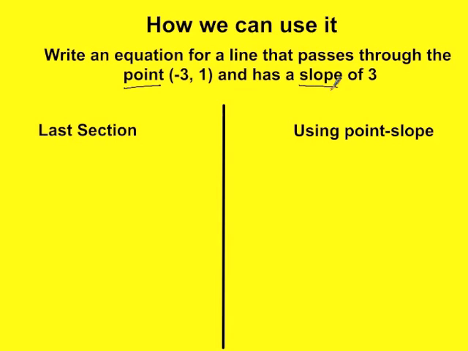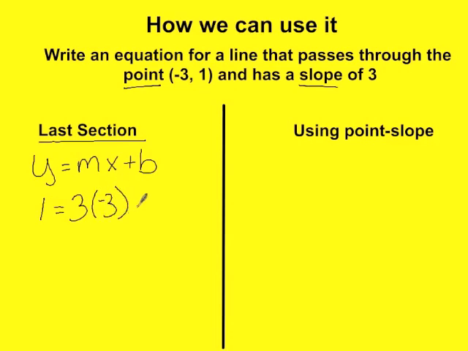So if we're given the point negative 3, 1, and a slope of 3, in the last section we would use slope-intercept form, which is y equals mx plus b. We'd have to plug in our point and our slope. So our y-coordinate is 1, our slope is 3, and our x-coordinate is negative 3, plus b.